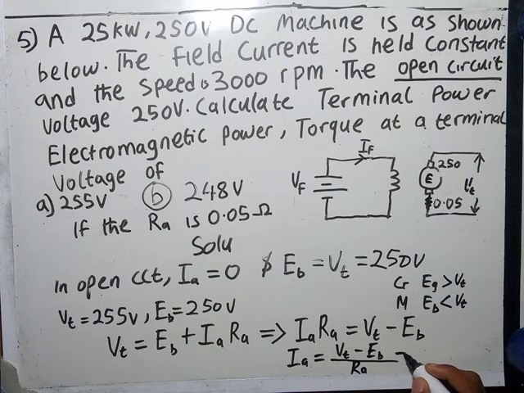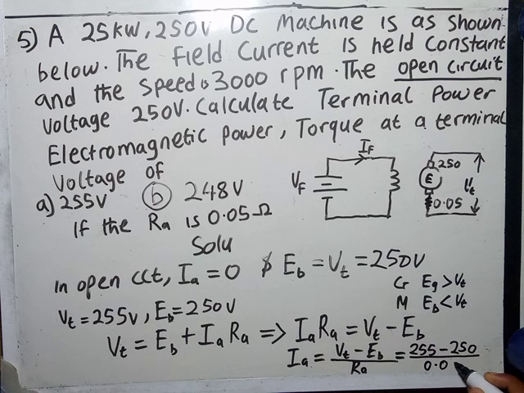Now, inputting our values, we have Vt being 255. We subtract Eb, which is 250, and divide by our armature resistance, which is 0.05. So with a calculator, you input 255 minus 250, divided by 0.05.